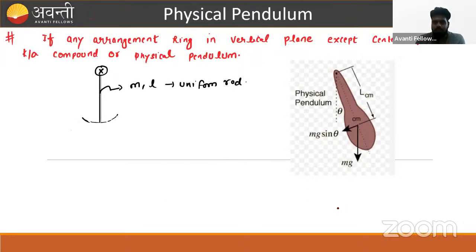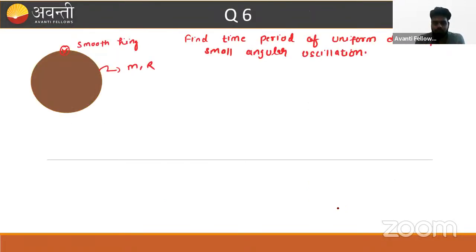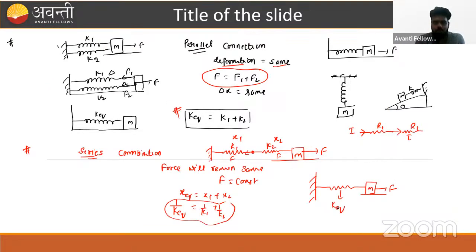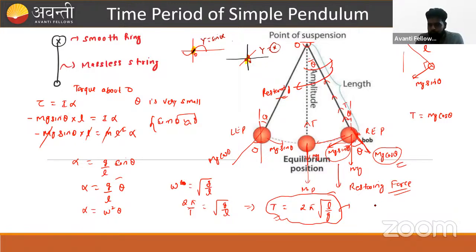If our simple pendulum is placed in such a place where apart from gravity some other force is also acting, then which acceleration do we have to take here? Just listen carefully.